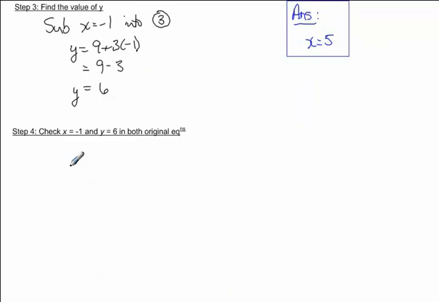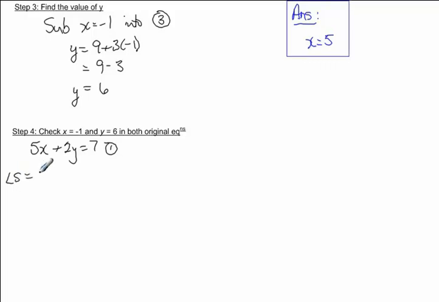Now I'm going to move on to the final step, which is step 4, and we're going to check x equaling negative 1 and y equaling 6 in both original equations. So we're going to do a left side, right side check. So we have equation 1, which is 5x plus 2y is equal to 7.